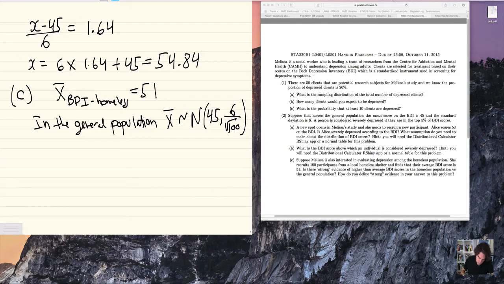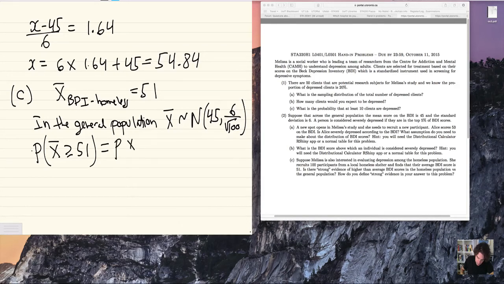Now, what is the probability that we would actually observe a sample mean larger than 51? So how likely is it that we'd observe a sample mean of the BDI of 51 or larger? Well, again, here we could standardize.